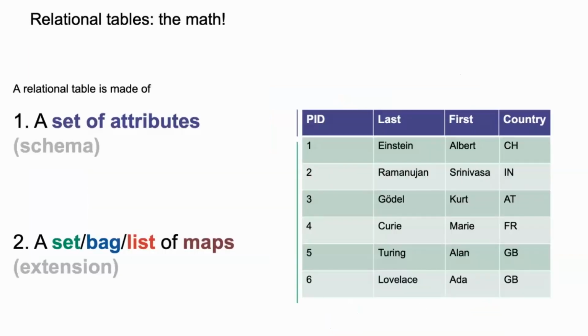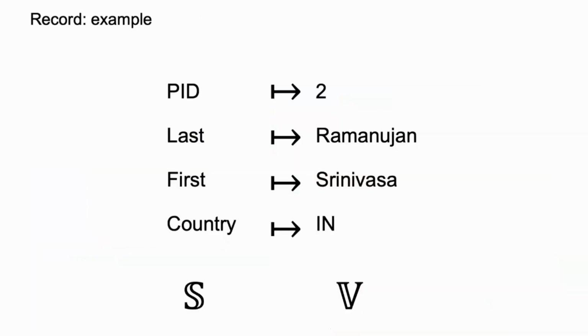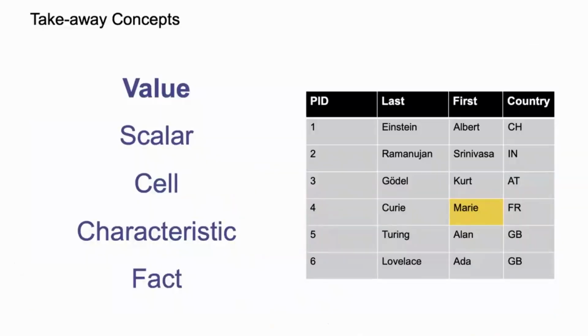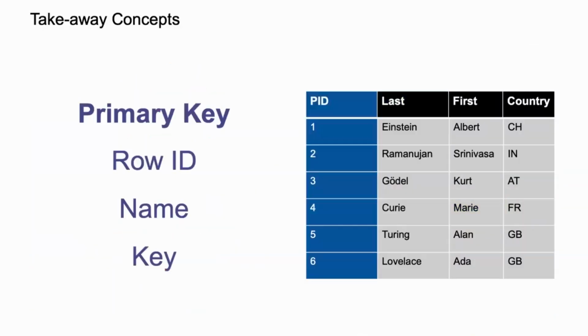And every record is a different map. Now a map looks like this. A mathematician would use this little symbol with the right arrow and the vertical bar. They use that for functions. PID is associated with 2, last with Ramanujan, first with Srinivasa, and country with India, right? That would be just another representation of the same thing that I showed you here, right?